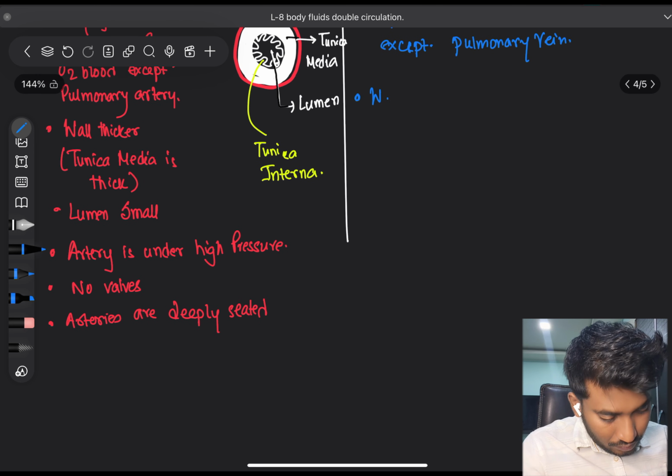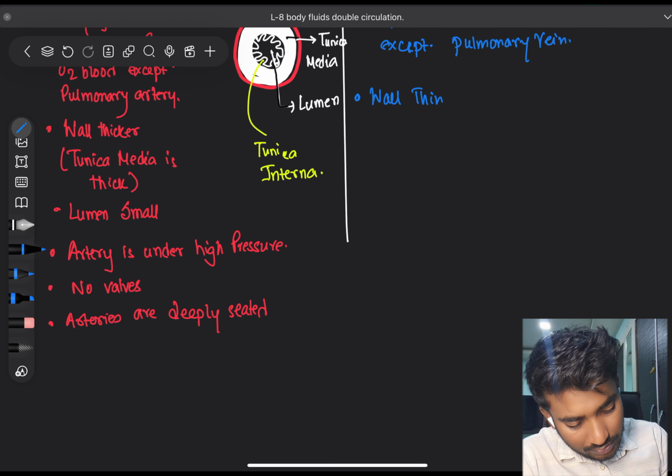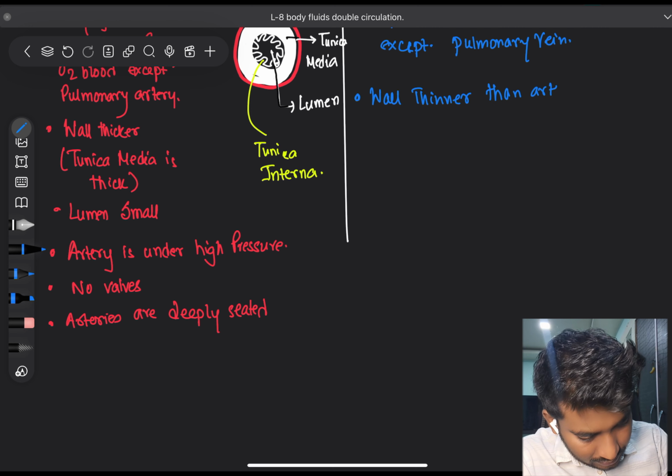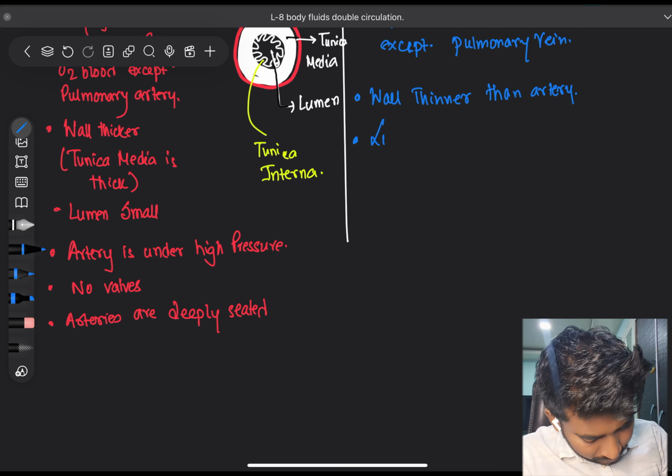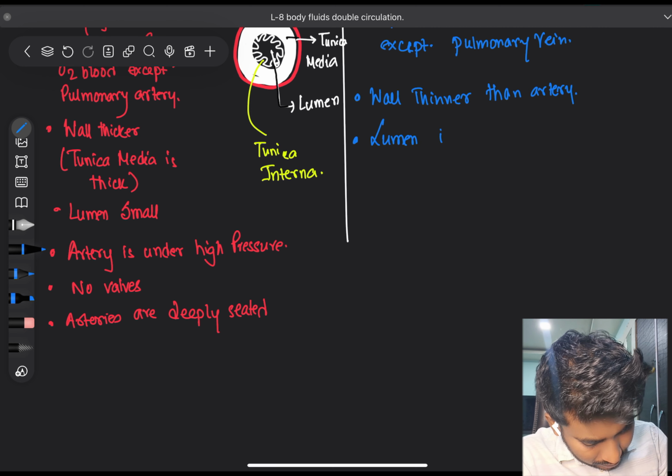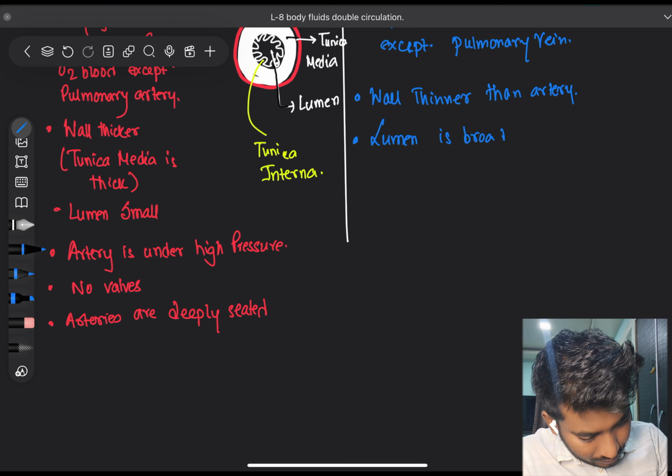Now, the wall is thinner than artery. Next, the lumen is broad. Next, veins are under low pressure.